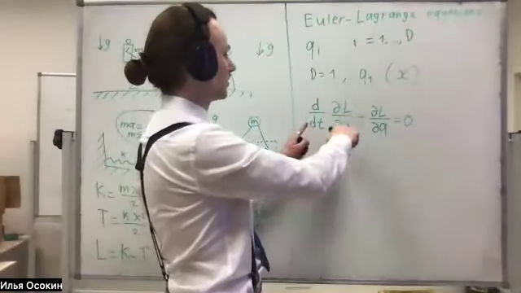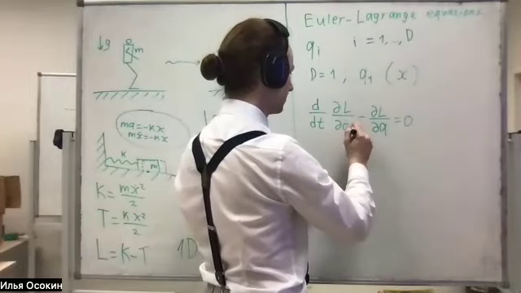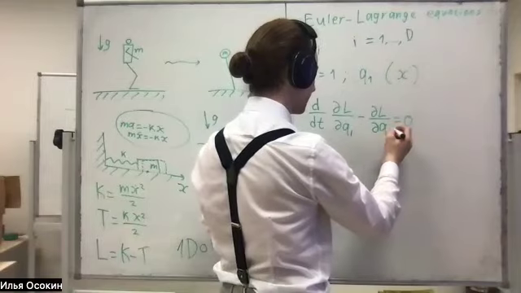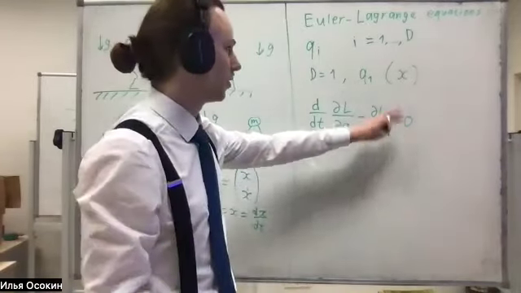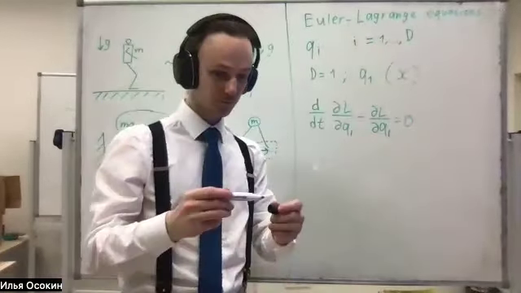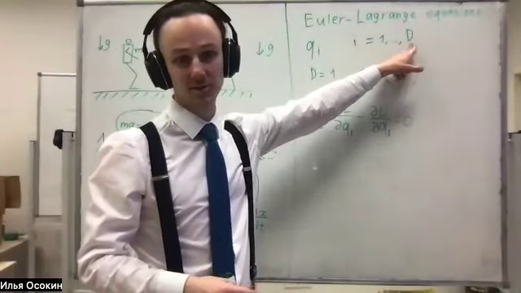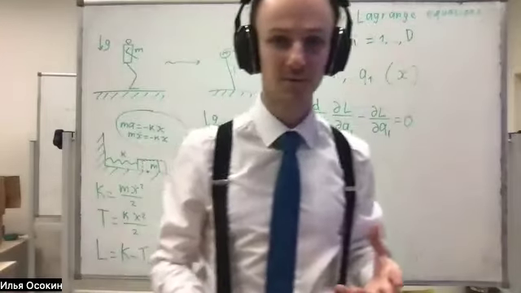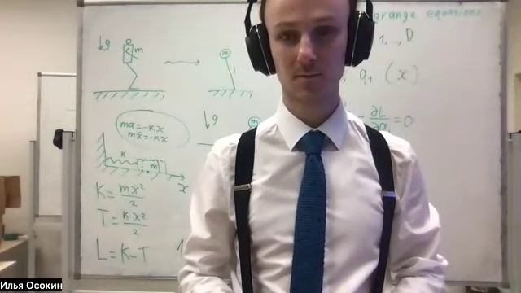This is the Euler-Lagrange equation, q sub i, and here q sub i again. So here i will go through all the possible values, and for a system with d dimensions, with d degrees of freedom, we will get d differential equations that will describe the behavior of the system.